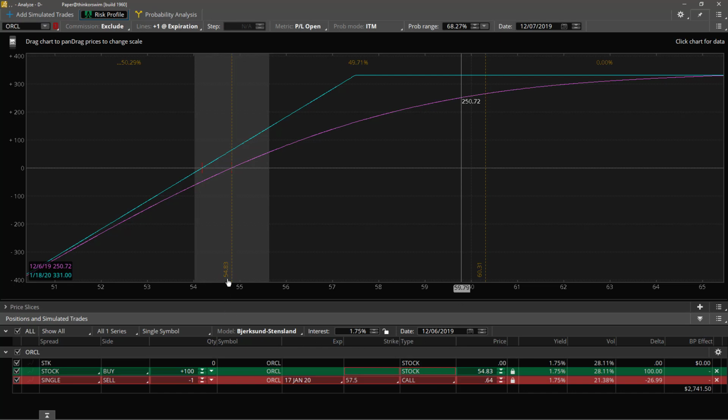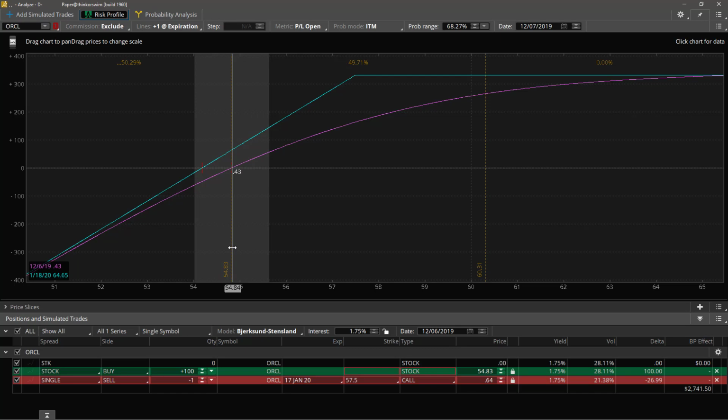There. So the current value at expiration, if the stock price does not move at all, and it's 54.83, then we will make $64 on this trade, which is exactly what we received for the call.